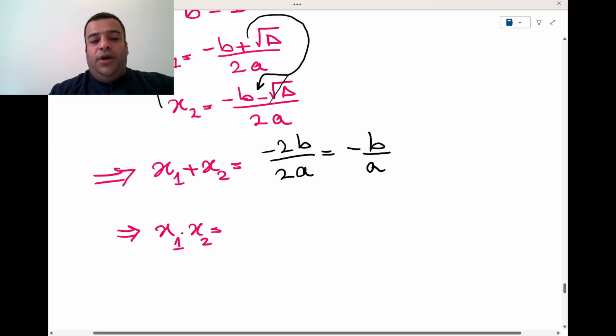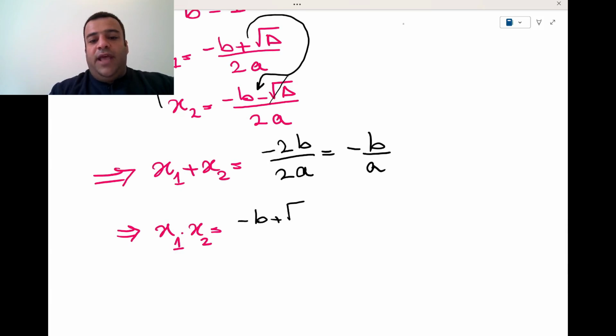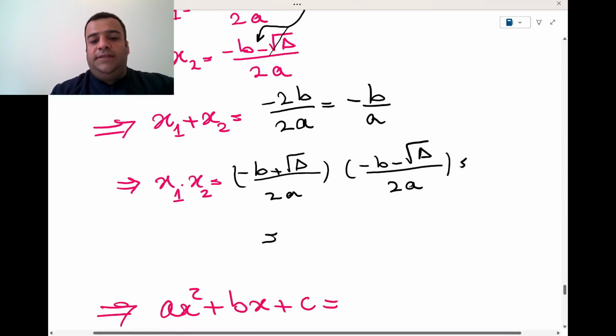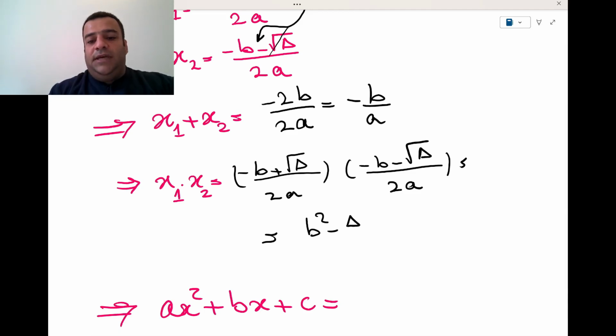If you multiply these two, it is minus b plus radical delta divided by 2a and minus b minus radical delta divided by 2a. On the top is the identity b power 2 minus delta, because the radical comes out, and the bottom is 4a times a, which is 4a squared.